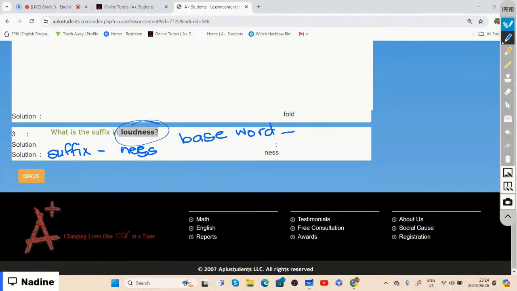All right, and our base word we can say is loud, right? So loud is our base word, and our suffix is ness. And if we were to add those two together, then it's loudness.